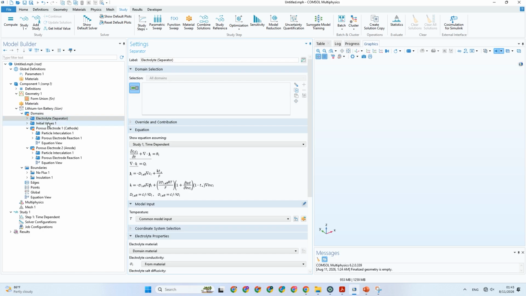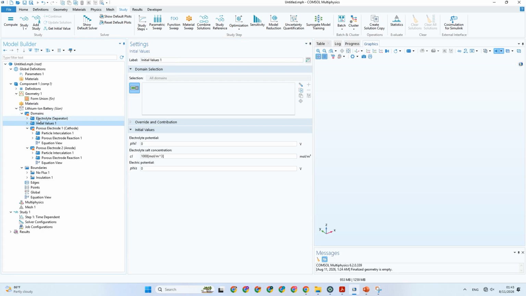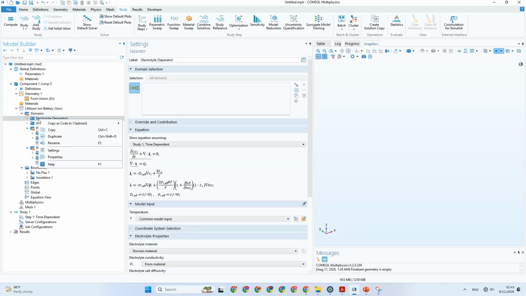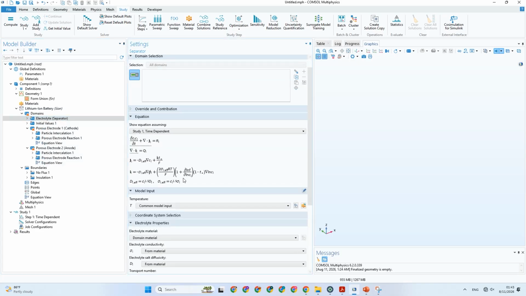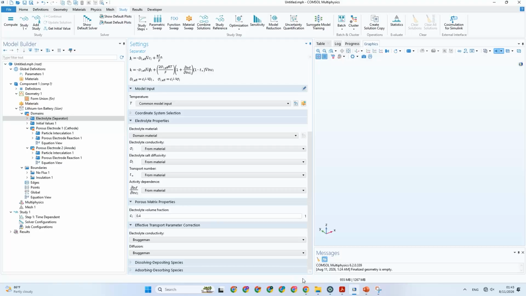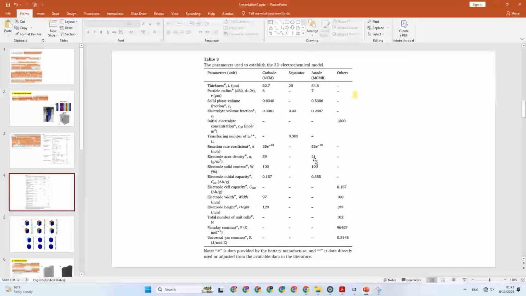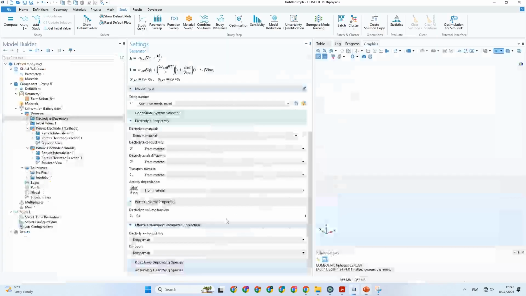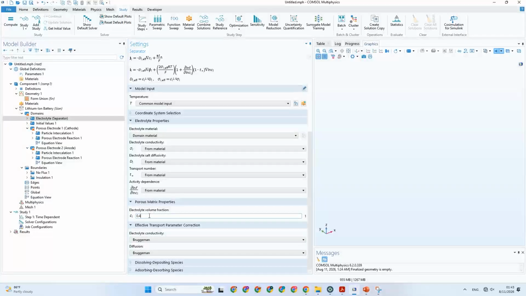For the electrolyte you can see here the volume fraction is 0.43. Nice.